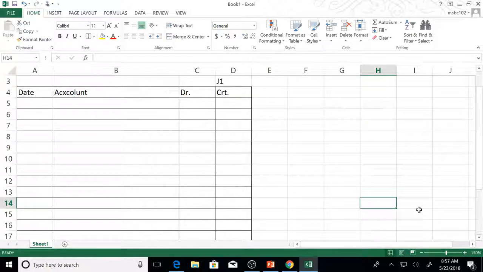What's the name of the guy? John Blue. John's Capital. All right, so this is John's Capital, and this is the cash.